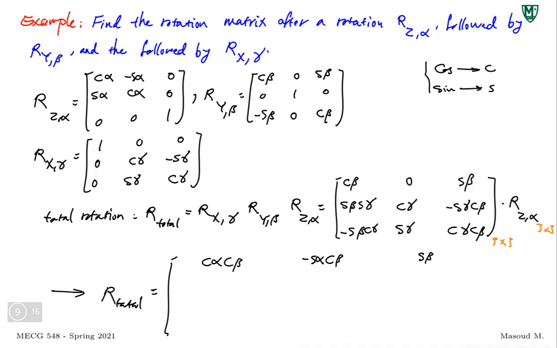Second row, you do the multiplication, double check your work and make sure that you actually get the same thing. Cosine alpha sine beta, sine alpha cosine, sine gamma cosine alpha, plus cosine gamma sine alpha.